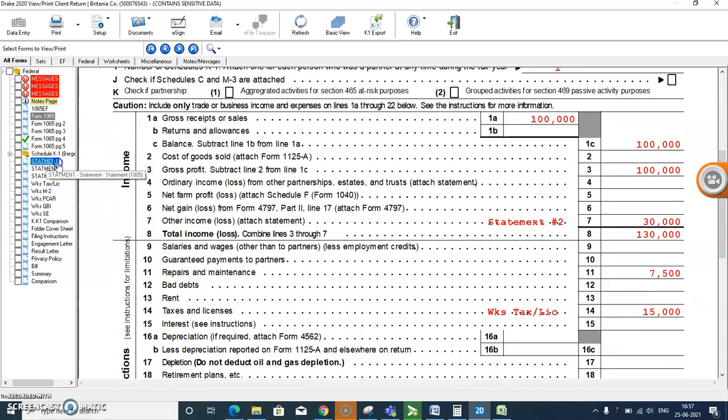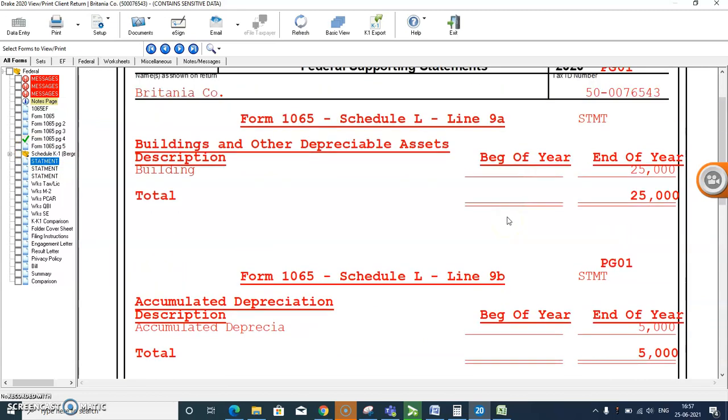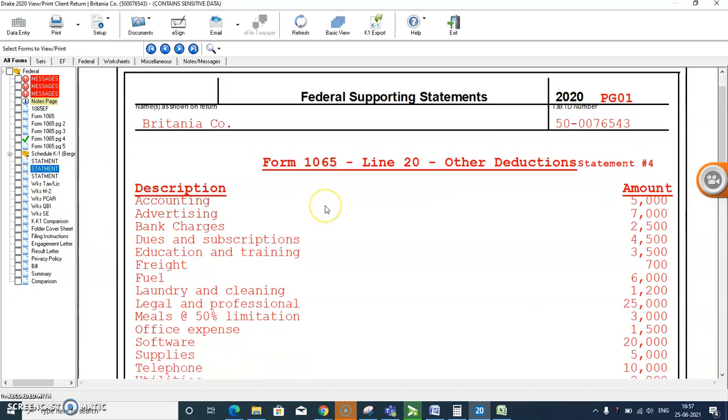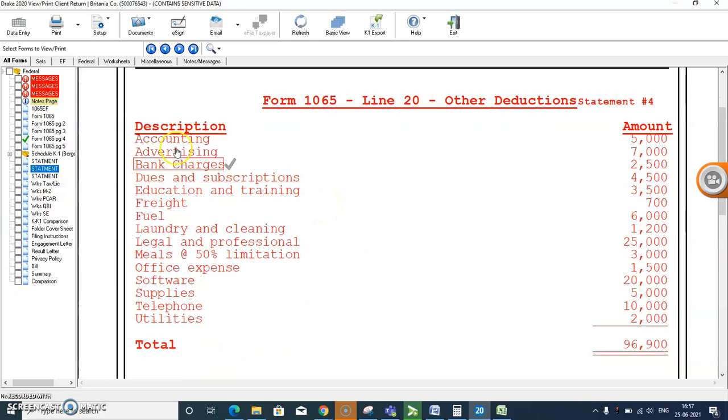You can have a statement. Look at everything I have. This is all about the deduction part, accounting, advertising, everything I have reported in the deduction section.